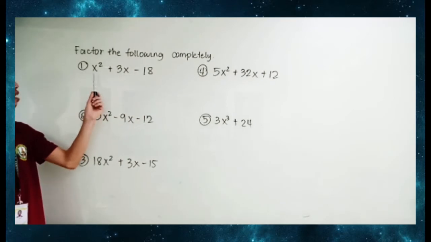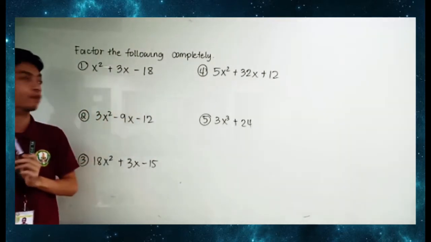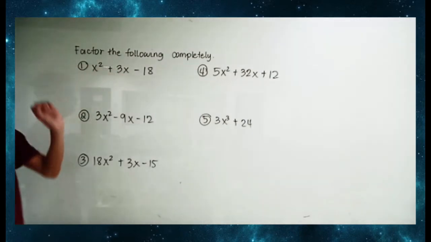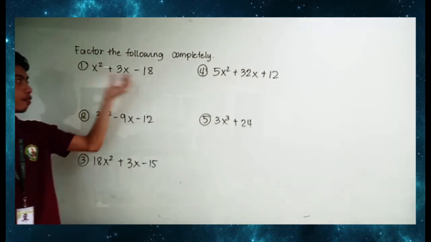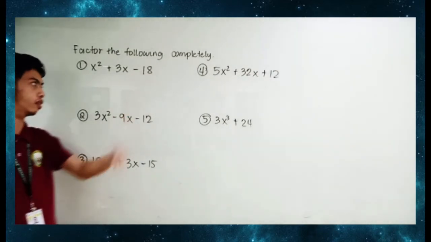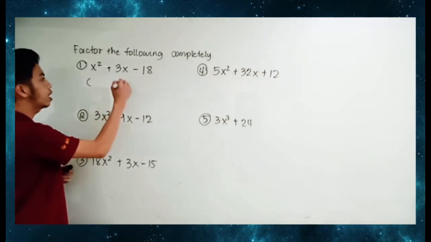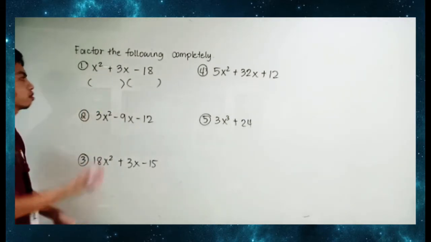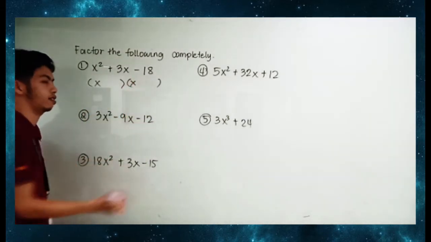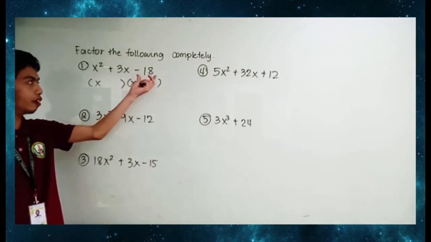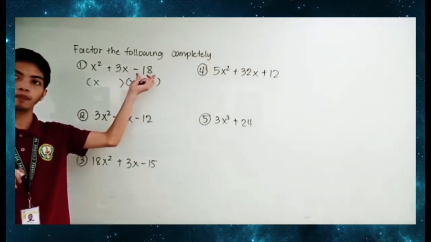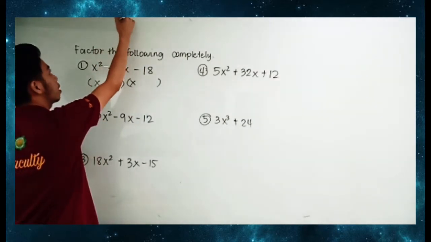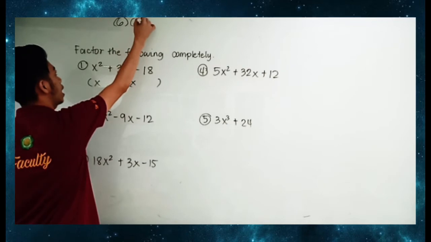Number 1, we have x squared plus 3x minus 18. So, in this case, we are going to have the factor of x squared and the factor of negative 18. Okay? So, gawa ka ng dalawang parentheses. Una muna, ano ba ang factor ng x squared? X times x. Ano yung factor ng negative 18 na ang sagot kapag pinag-add ay positive 3? So, di ba siya ay 6 at saka negative 3?